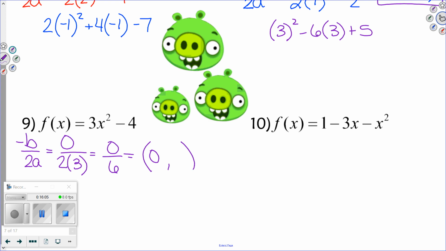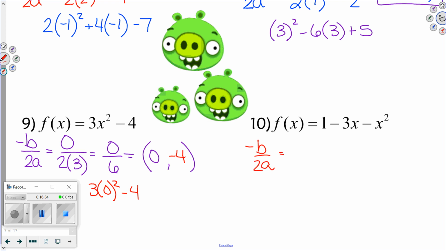All right, and then we have to plug 0 back in. It's not all going to be 0. It's negative 4. Yeah, so make sure you're always plugging it back in. All right, and then number 10. We got this? On your own? All right, on your own.